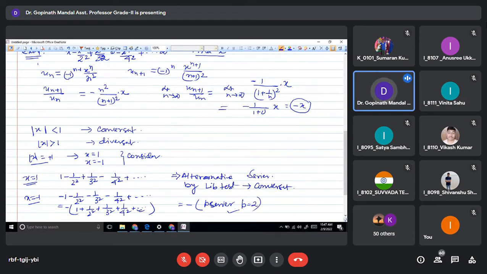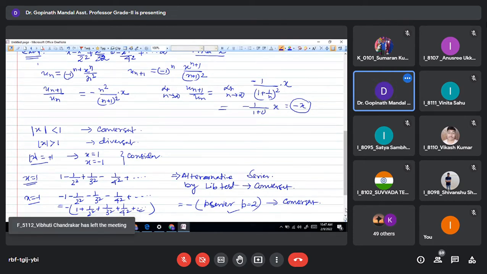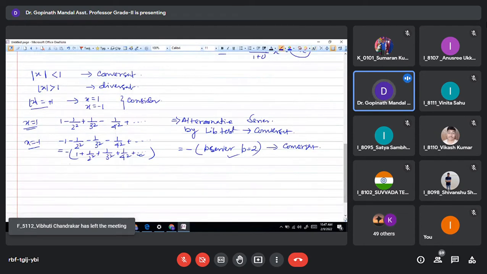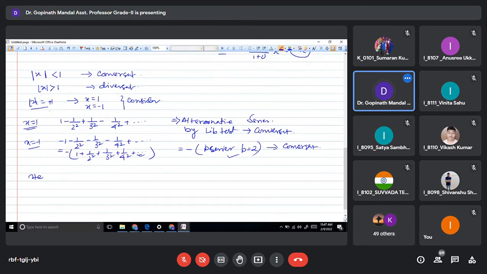Now P series is convergent. That means minus of P series is also convergent. So this is a convergent series. So here for mod x less than 1, the series is convergent, and for mod x equal to 1, the series is convergent.